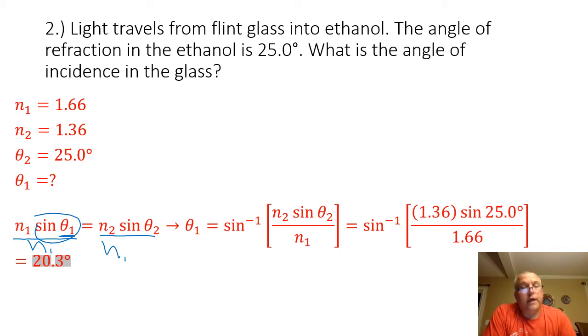So I have to take the inverse sine of both sides. When I do that, I'm going to have theta 1 equals the inverse sine of N2 times sine theta 2 divided by N1. Plugging all of my known values into that equation will give me an angle of incidence of 20.3 degrees.